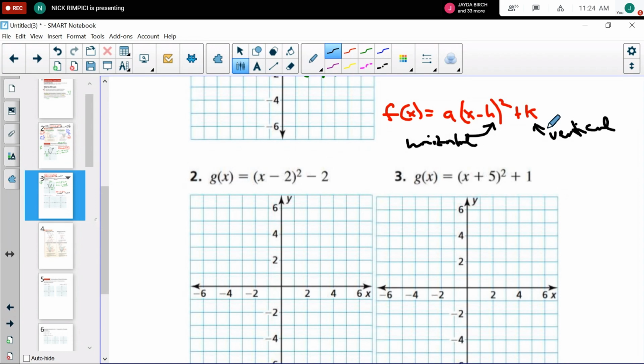As you do that, I'll listen in, and I'm going to graph the parent functions while I wait for you guys to finish. Nah, it didn't come out too good.